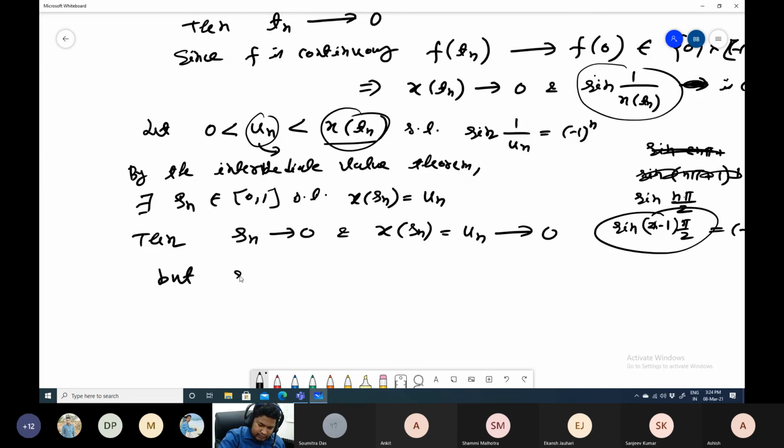But sine of 1 by x of Sn, that is sine of 1 by un, is minus 1 power n. This is not convergent.